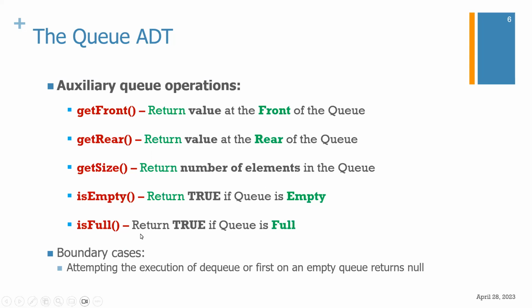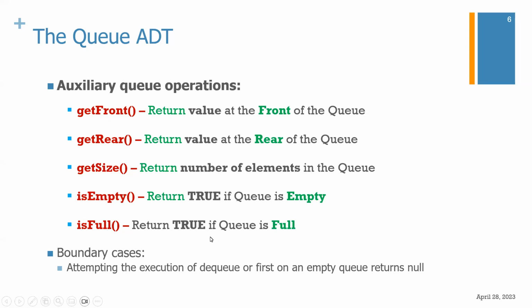These functions read the front element in the queue, read the rear element, inquire about the size of the queue, meaning how many elements are in it, and check whether the queue is empty or full.